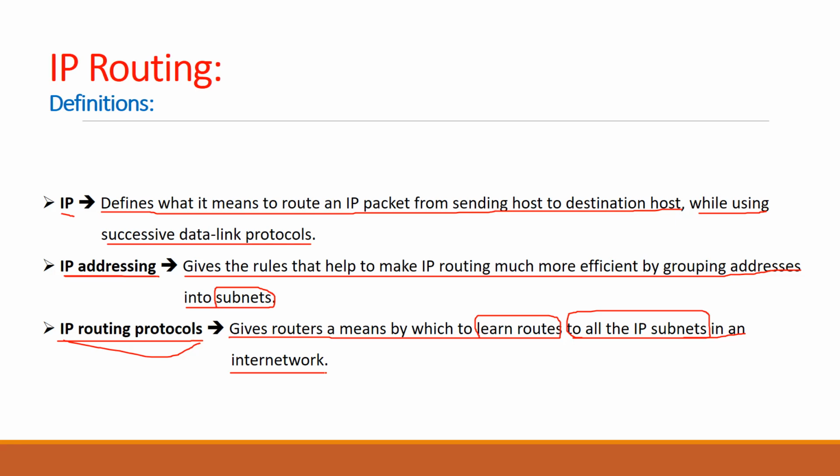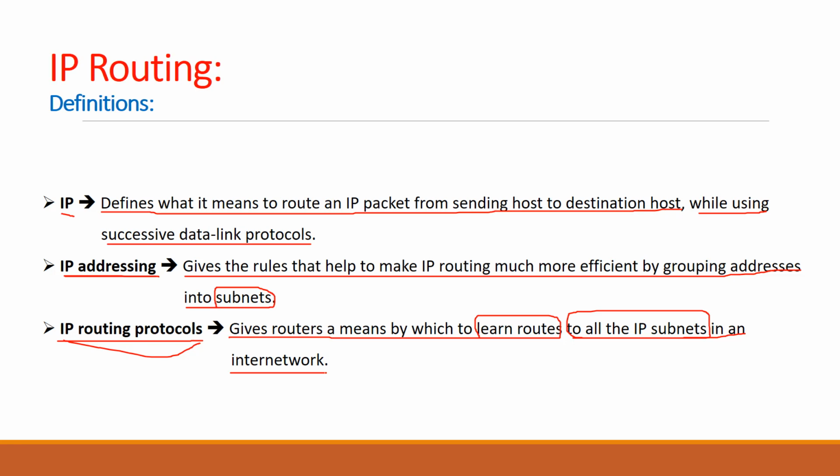IP addressing gives the rules to make IP routing much more efficient by grouping hosts or addresses into subnets or networks. And we will know later the difference between networks and subnets. Subnets are some kind of networks. And what is subnetting?